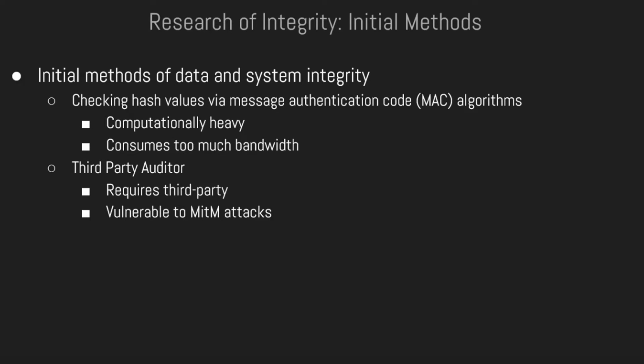However, as we have addressed before, this requires a third party, which means centralization, and we've already addressed that centralization is not good. And the channel that happens due to the third party causes that channel to be vulnerable to man-in-the-middle attacks. Next slide, please.